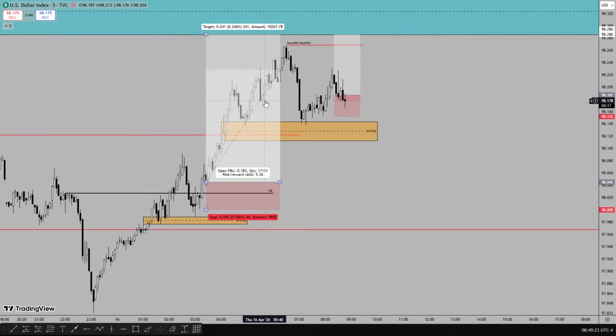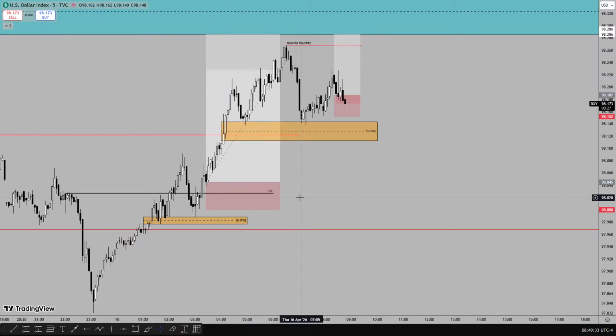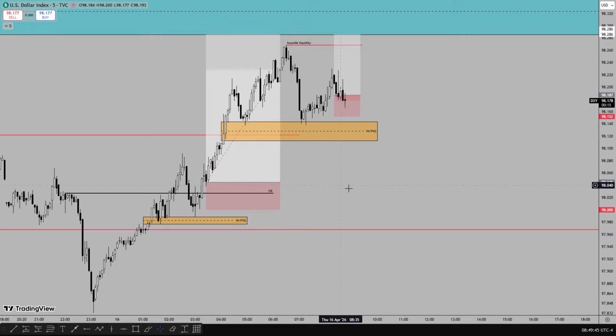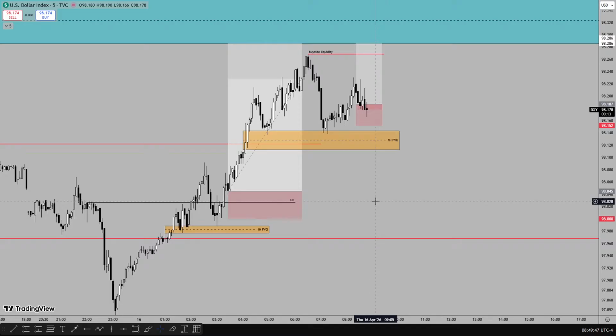So it gives me room, mostly when I've taken partials or moved my stop to break even, I still have more free risk to take advantage of. Those are the times where I'm taking advantage of lower time frame trades, but my overall risk should not exceed 2%.